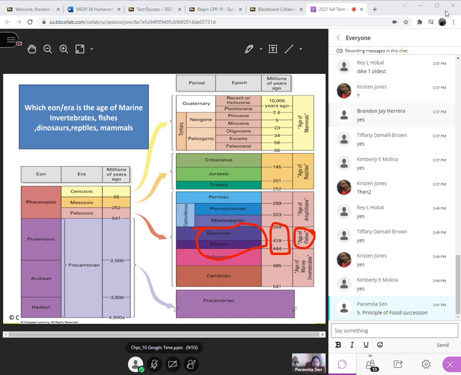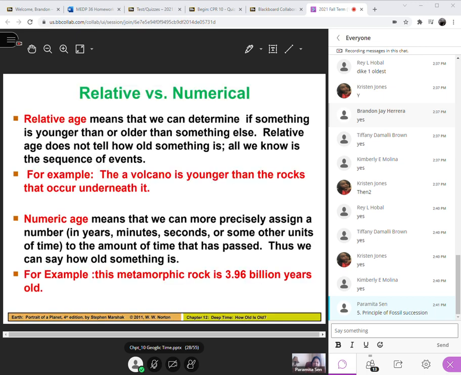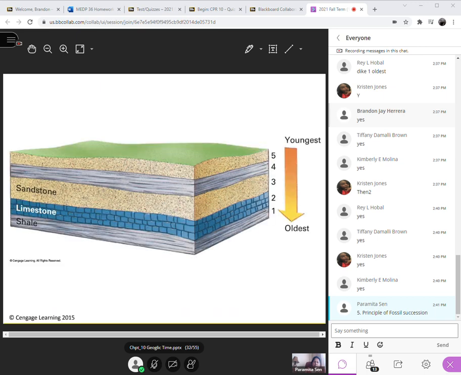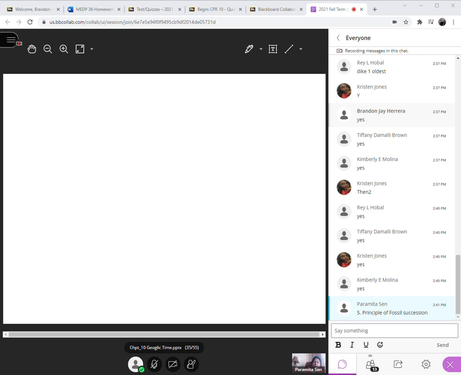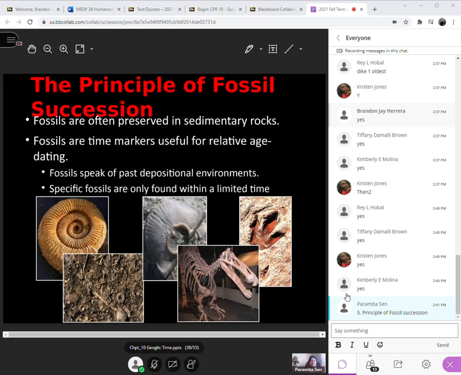So this principle is called the principle of fossil succession. That is the last principle I want to talk about. This is widely used in order to understand rocks, because all sedimentary rocks have fossils, and fossils are time markers. We call them time markers of any events for relative dating.